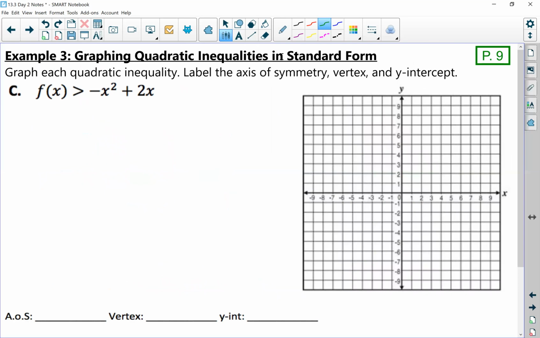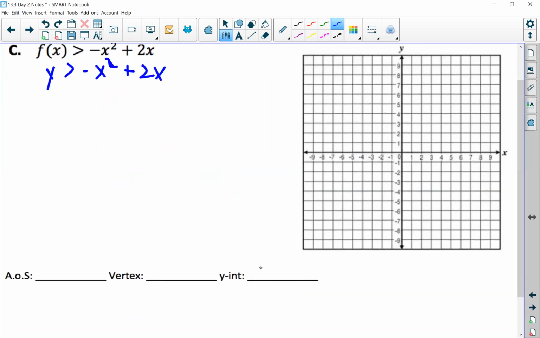f of x is greater than -x² plus 2x. So the first thing, again, I'm going to write this as y is greater than -x² plus 2x. What is my y-intercept? 0. There's no value for c.